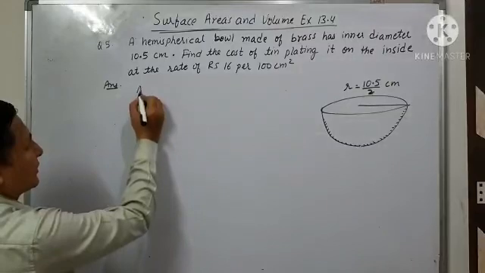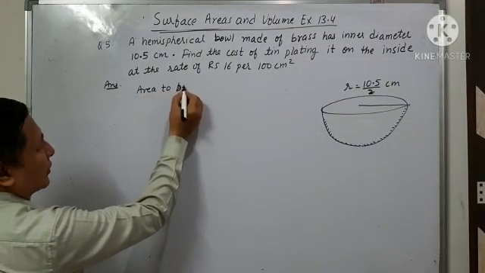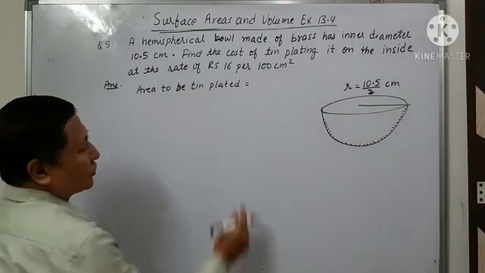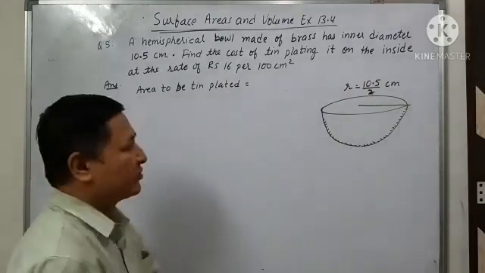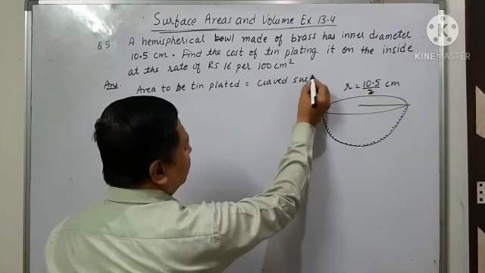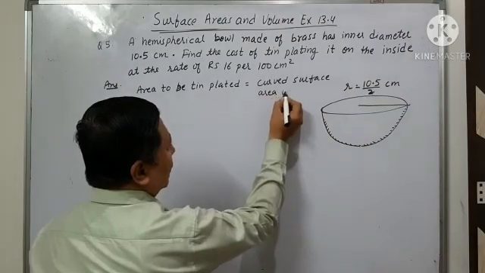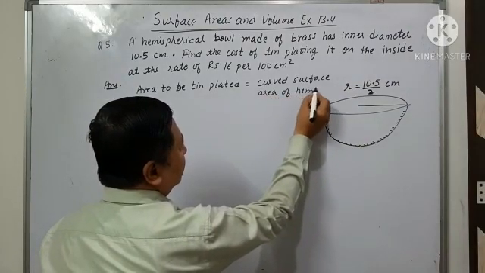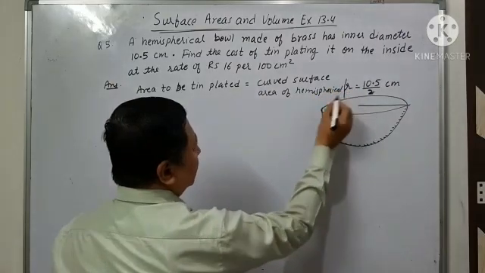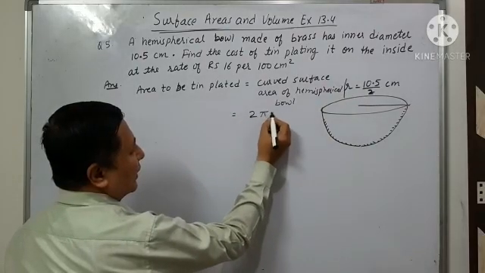Now the area to be tin plated will be equal to the curved surface area of the hemispherical bowl, and that is given by the formula 2 pi r square.